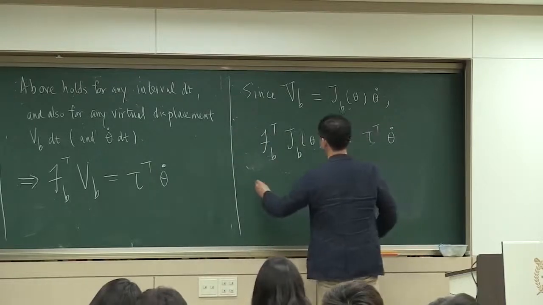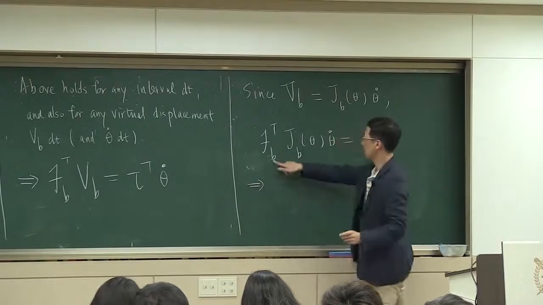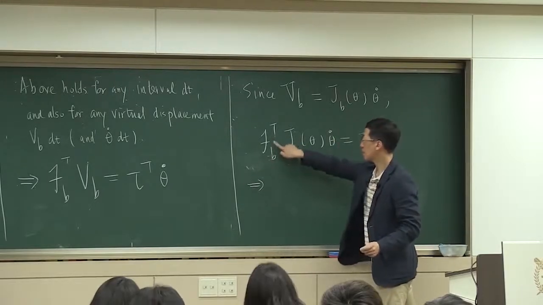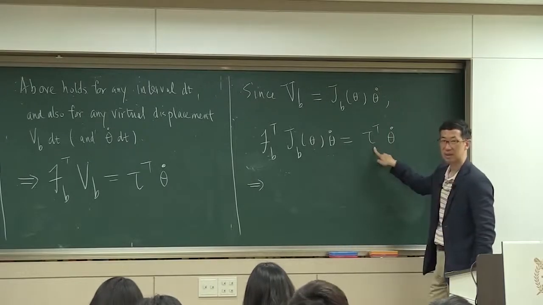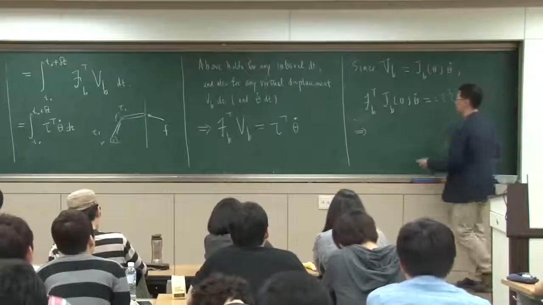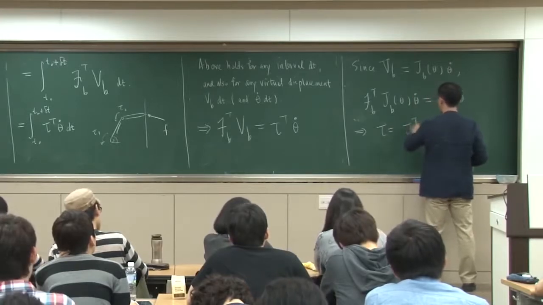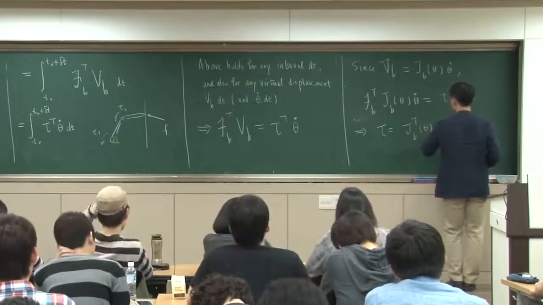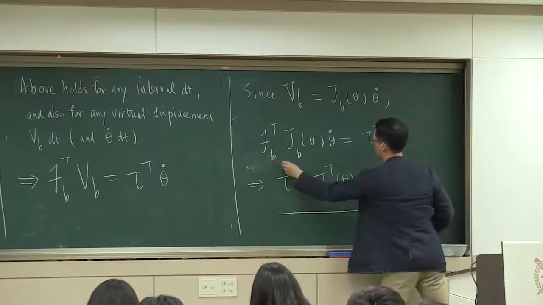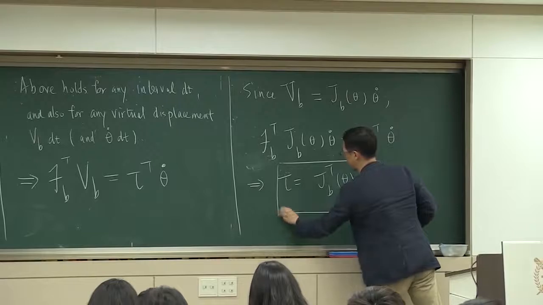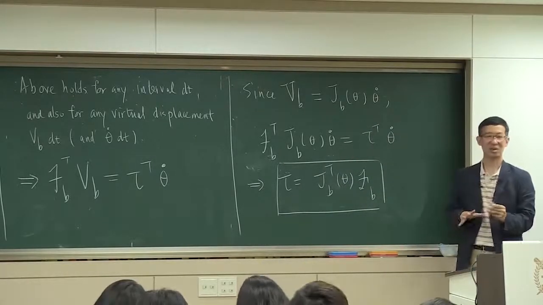So that implies that F_B transpose J_B equals tau transpose, or tau equals J_B transpose times F_B. Aha, there it is. So finally the answer to our question.